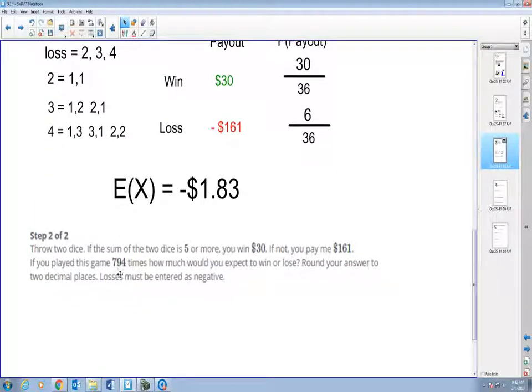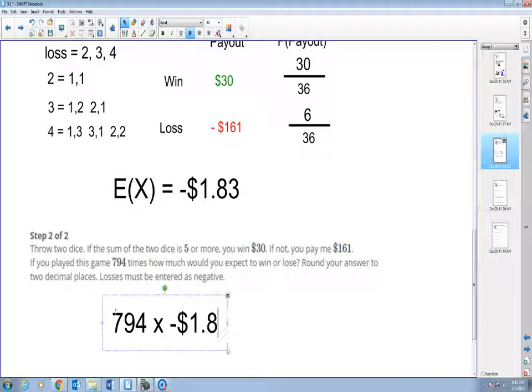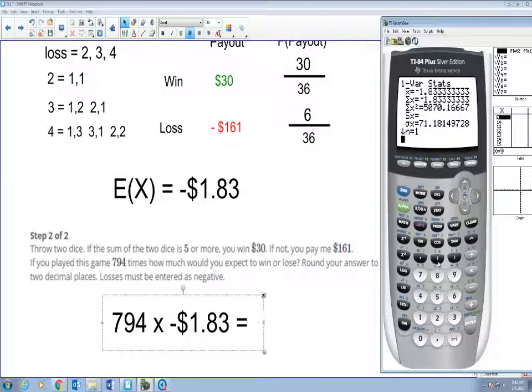So if you play 794 times, take 794 times negative $1.83. You're expected to lose $1,453.02.